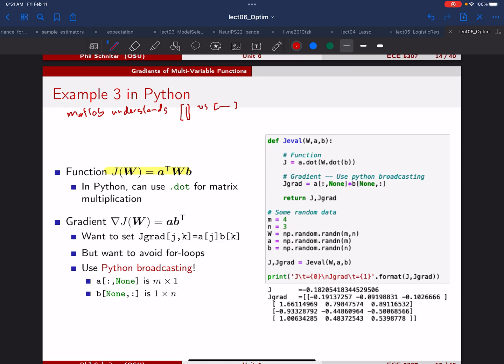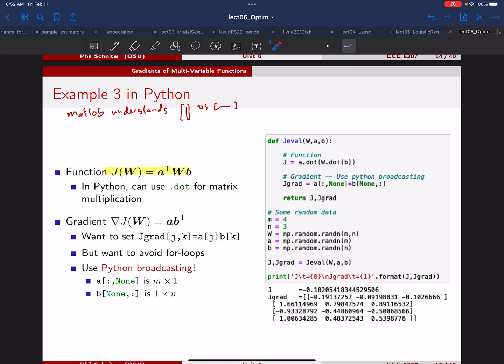But in Python, when you talk about vectors, it just thinks about it as a list of numbers. It has no concept of row or column because it's just a list. So to do something like A, B transpose, in MATLAB, you could think of this as a matrix multiply. You're multiplying a matrix with one column times a matrix with one row, and you just use a matrix multiply. In Python, these are actually vectors. And for vectors, there's no row or column vector.